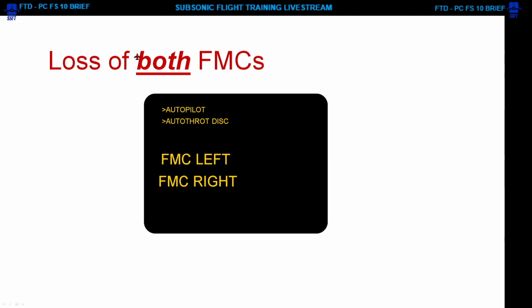Now, if you lose both FMCs, however, you're not only going to get the autopilot degraded message, and you're going to get the auto throttle disconnect, but eventually you're going to get both FMC left and FMC right messages. And again, if we did see this, we would right away look at the FMAs, the flight mode enunciations, and we would see that we're in heading select, or we would see that we're in a degraded mode, and then we can go to heading select, assuming our heading bug's in front of us.